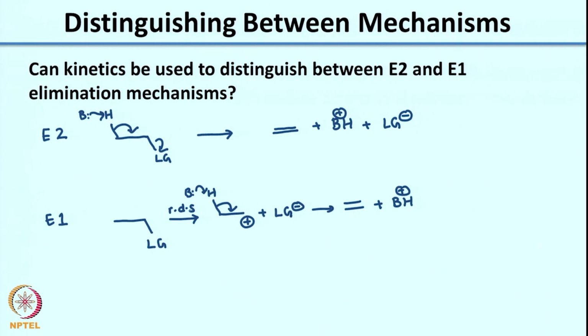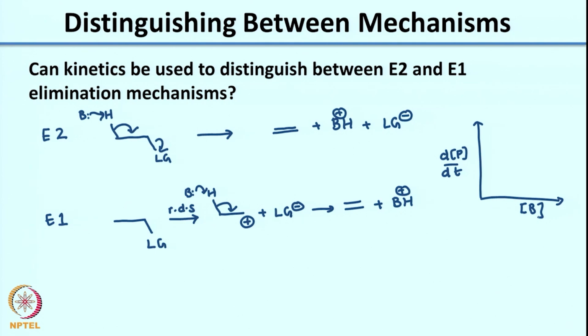So based on what you had seen with the SN2 and SN1 cases, if I were to plot the rate with the concentration of base, what would you expect for an E2 and what would you expect for an E1 mechanism?